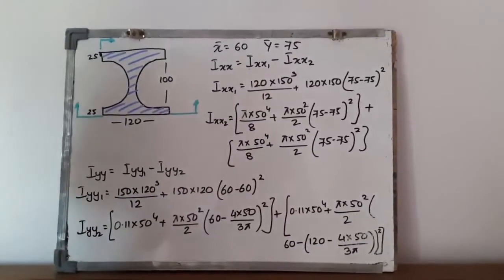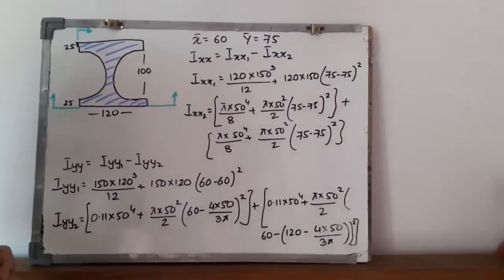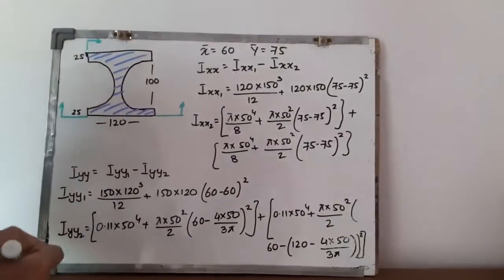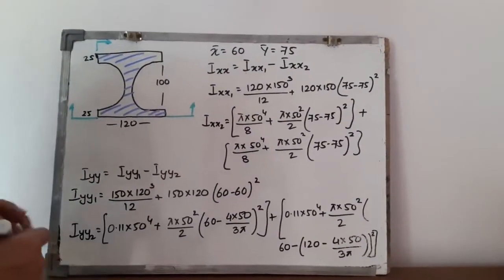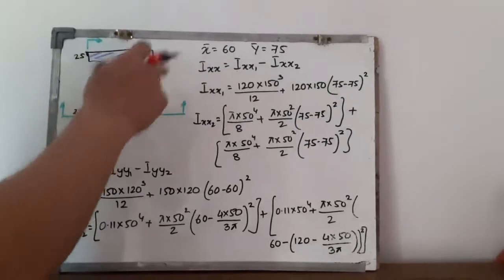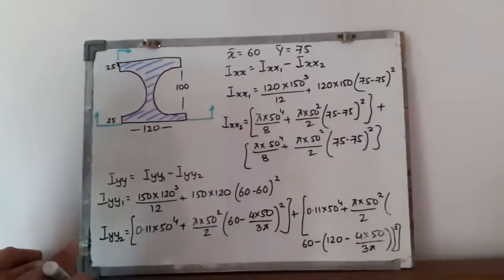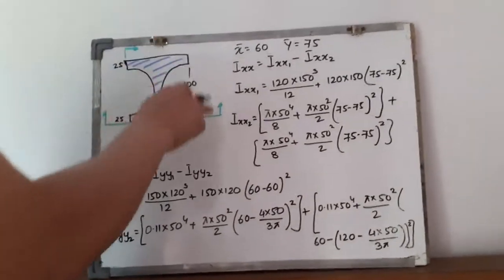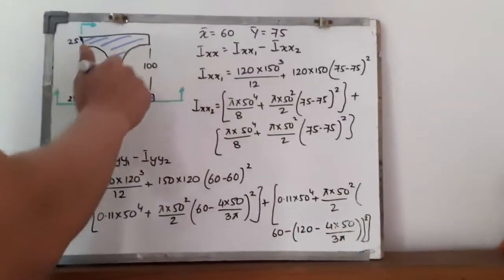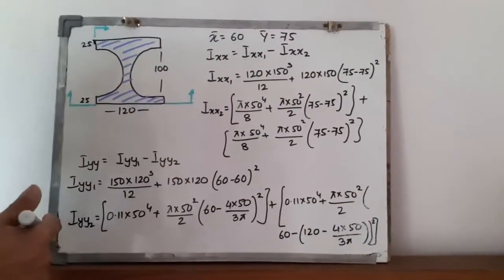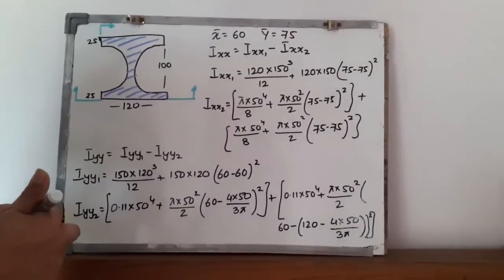Now let us take another problem where we are finding out the second moment of area or moment of inertia of this body. For this centroid we have already found out, probably they were of different dimensions. So we have taken this figure where, if you take these references, the value of x bar comes out to be 60 and y bar comes out to be 75.